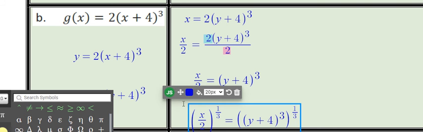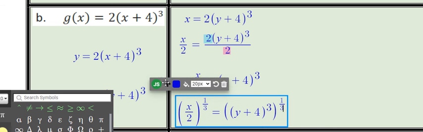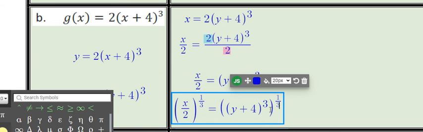And what that's really doing, if you take a look at my exponent here, 3 raised to the 1/3 power, a power to a power you multiply. 3 times 1/3 is actually 1. So that's how I bring y plus 4 to the third to just y plus 4.